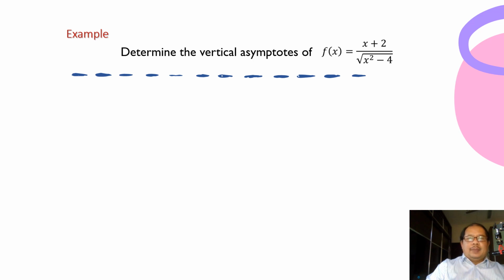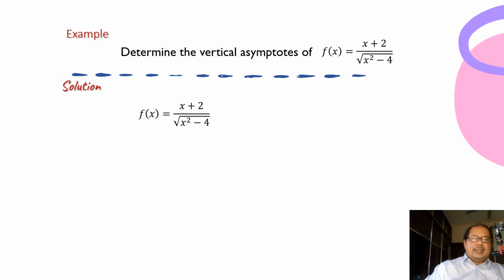Okay, next example, determine the vertical asymptote of f(x) equal to x plus 2 over square root of x squared minus 4. Okay, f(x) equal to x plus 2 over square root of x squared minus 4 ni belum lagi dalam bentuk terringkas.